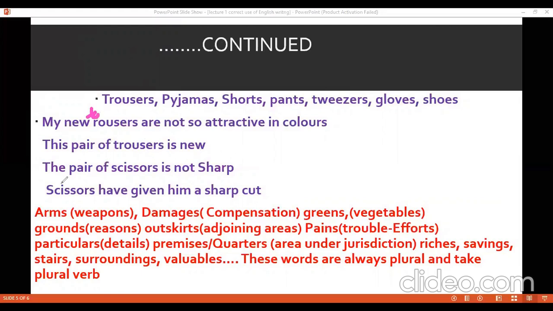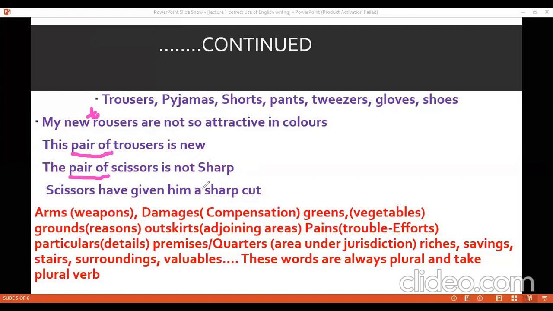This pair of trousers is new. The pair of scissors is not sharp. Scissors have always given him a sharp cut, both singular and plural. Independently, they are plural, but when we use the expression a pair of, they become singular, so singular verb is used.